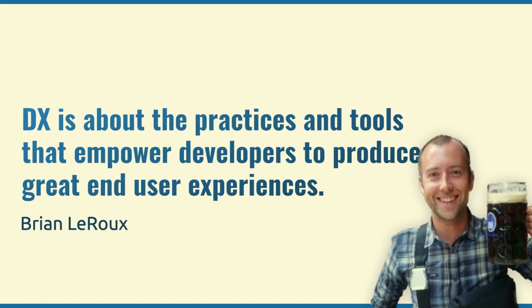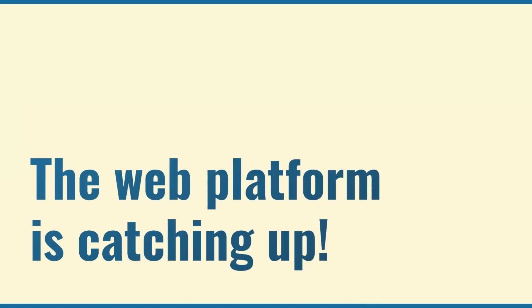And that is a German beer, and he told me that this is Oktoberfest, so that's a nice little combination here. And I think that when we consider the web platform as a whole, we didn't have, at least not on the browser level, the practices and tools to produce great user experiences. But now, finally, I think the web is catching up.